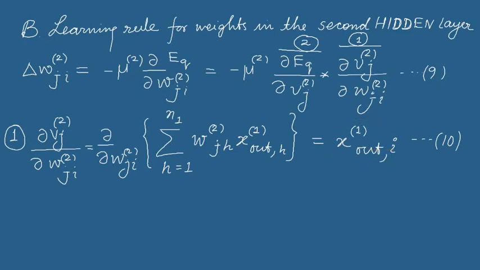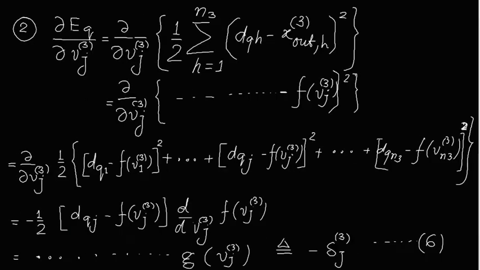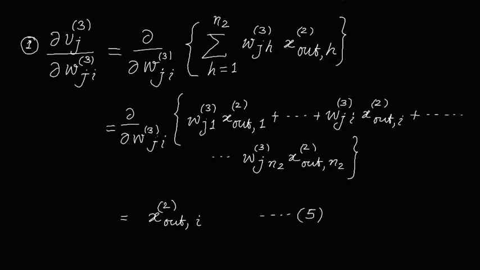As it is for the second layer, here you will get 1, whereas in the previous case, when we were evaluating using this x2 out w3, which was vj3, this term x2 out h2 was coming, and the term where we had i was matching with this.